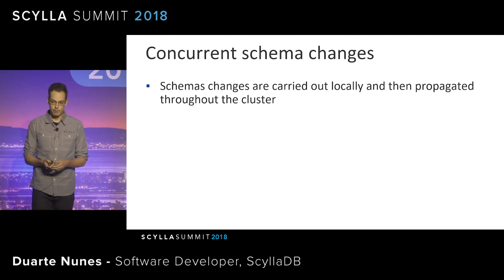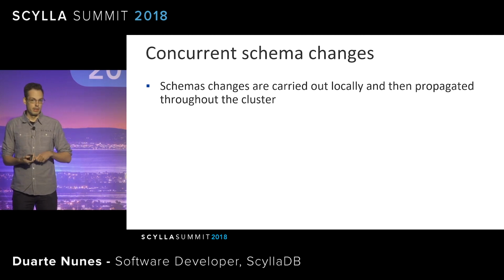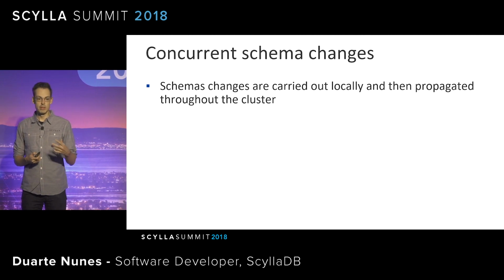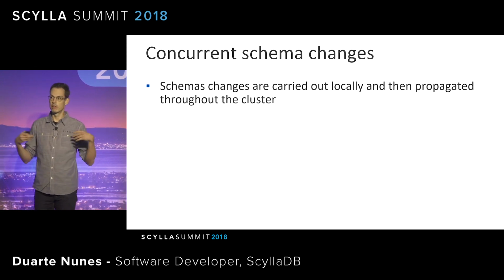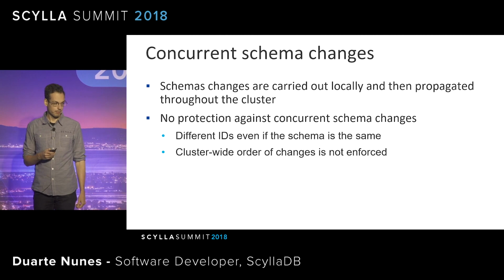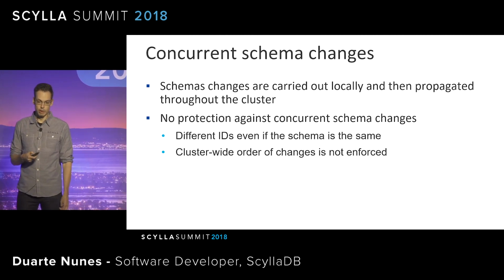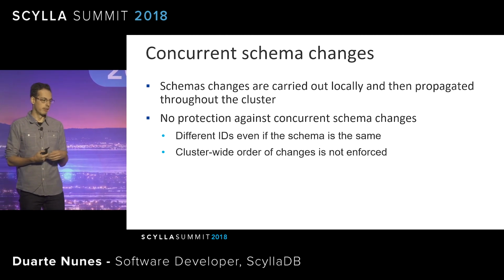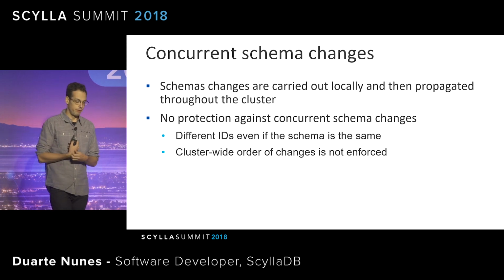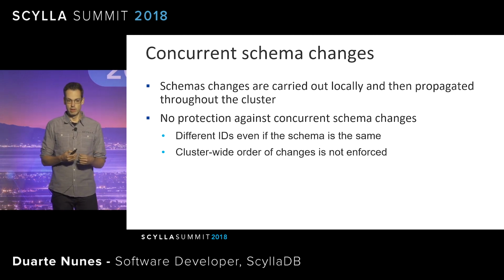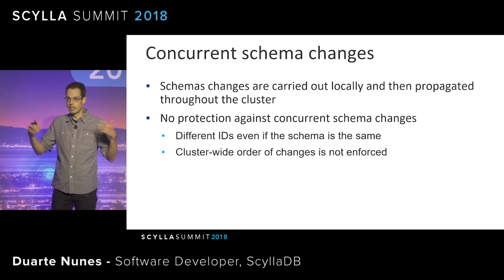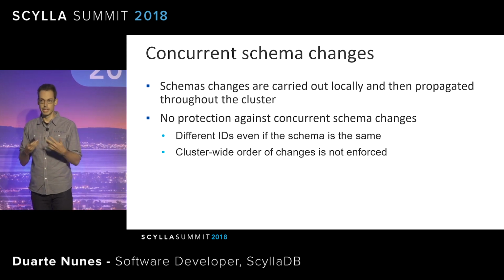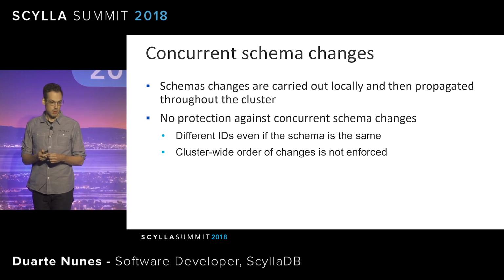So today, if you make a schema change, then it is carried out locally at a particular node and then spread throughout the cluster eventually. This means that there is no protection against concurrent schema changes. So if you do things like creating a table with the same name and even with the same schema, that will lead to conflicts later on.